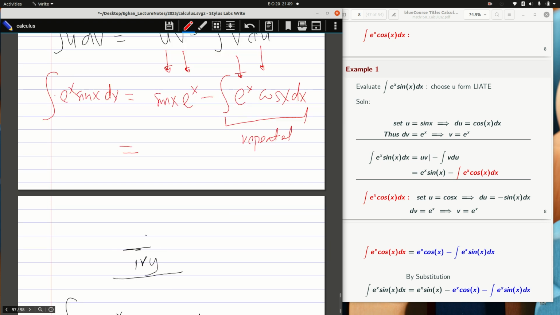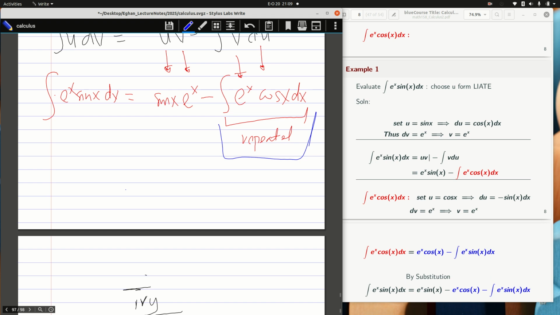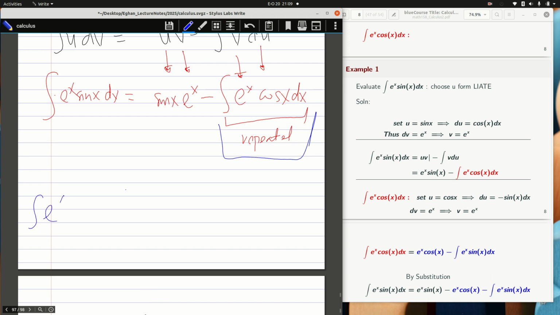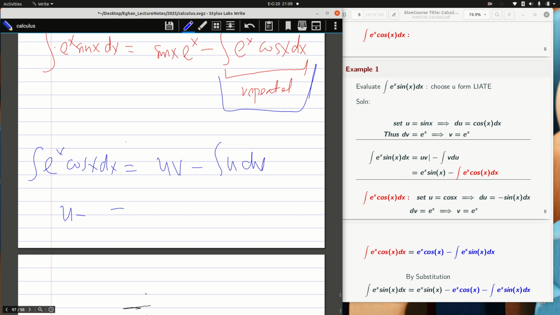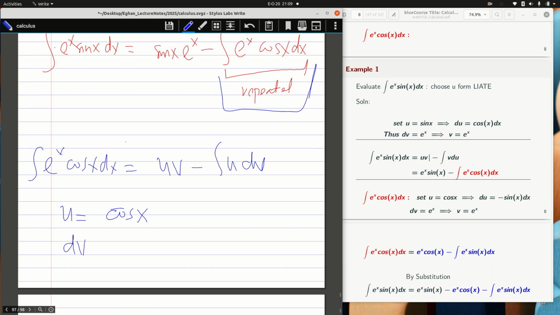Okay, so I want to change the pen to blue. I'm going to work out this part of the work. So with the blue part, my integral of e^x cos x must be done in some way. So uv minus integral u dv. What do you set your u to? You always have the trick first. So let u be cos x, and then my dv becomes the remaining part of this.